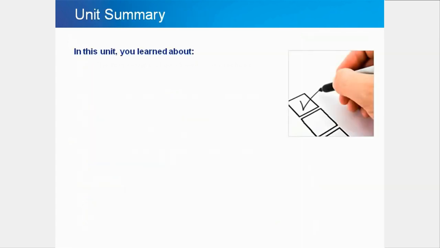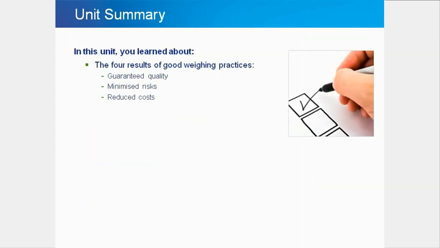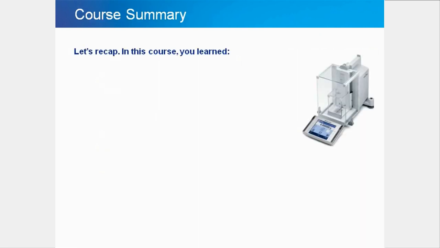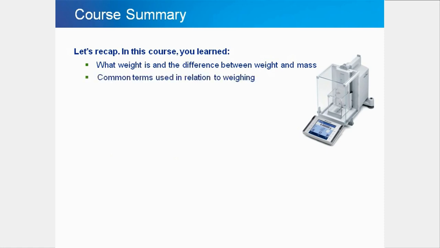In this unit, you learned about the 4 sources of good weighing practices and ways to eliminate adverse weighing influences. Let's recap. In this course, you learned what weight is and the difference between weight and mass, common terms used in relation to weighing, types of balances, and ways to eliminate adverse weighing influences.